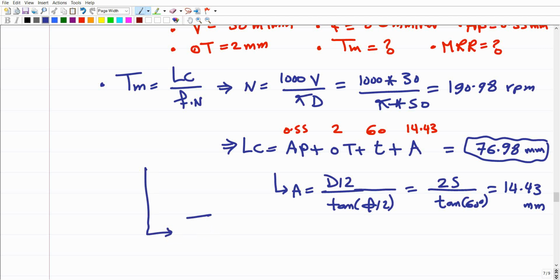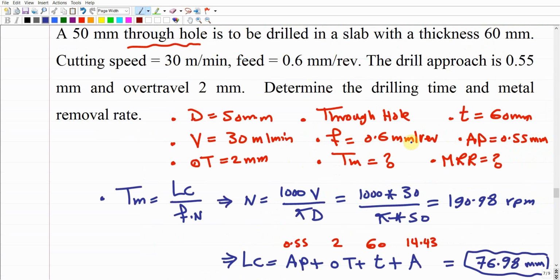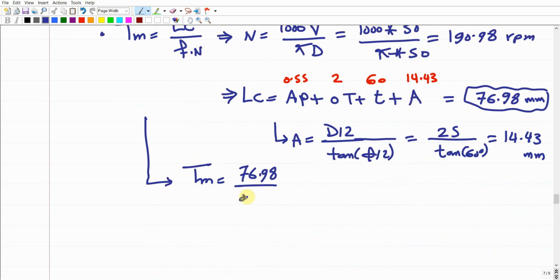Then plug this data into the equation for the machining time. We're going to end up with the machining time being 76.98 divided by the feed, which was given as 0.6 millimeter, 0.6 times N, that we just calculated, 190.98. Doing the calculations, you're going to end up with 0.6718 minutes.